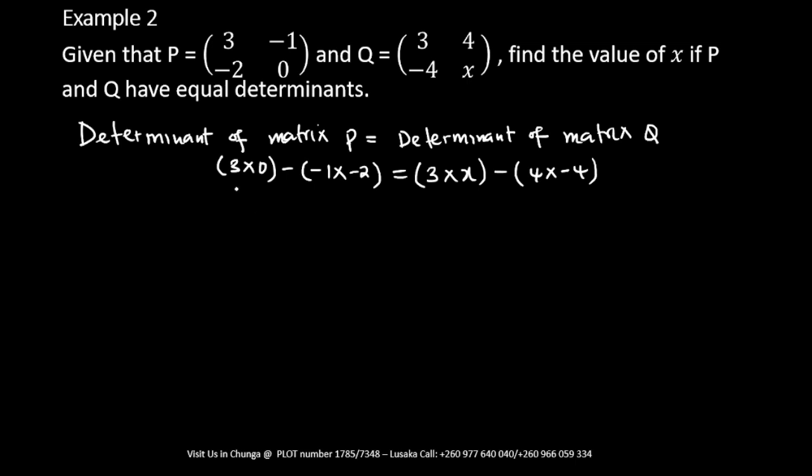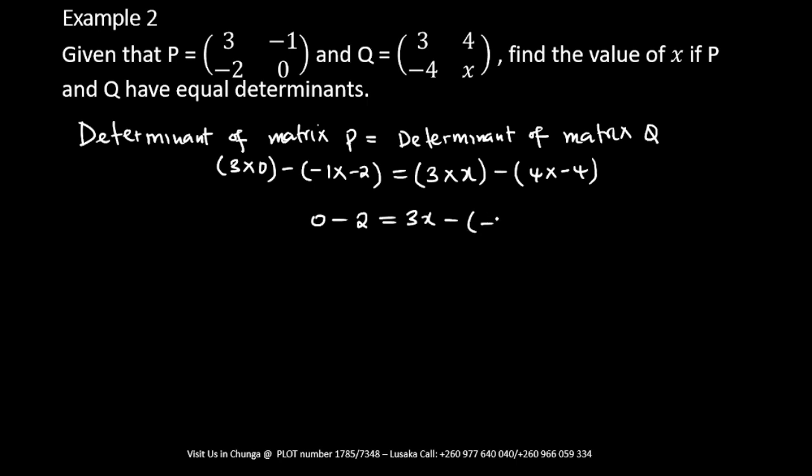So when you multiply 3 by 0, we're going to get a 0, minus negative 1 multiplied by negative 2, we're going to have a 2, being equal to, then 3 multiplied by x. This will be equal to 3x, minus, then 4 multiplied by negative 4.